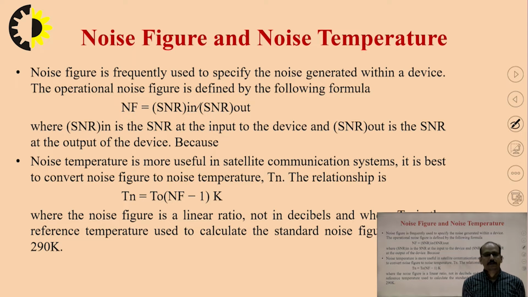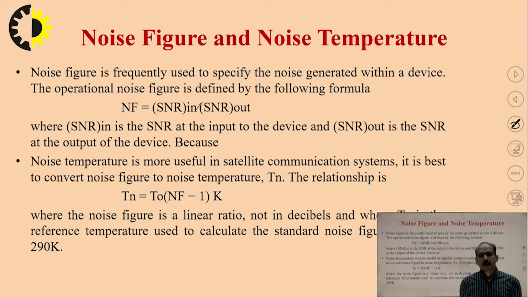After that, we went through the various discussions on the satellite system temperature and satellite noise temperature. As per the definition of noise, any unwanted signal which creates any type of disturbance in normal communication is known as noise. There are various kinds of noise, such as external noise and internal noise, as I told you in the previous lectures.